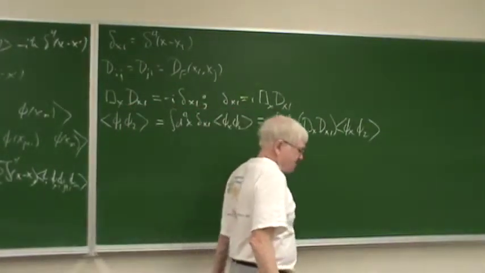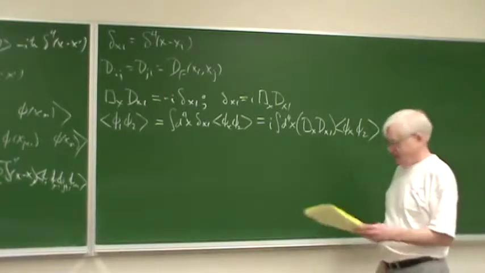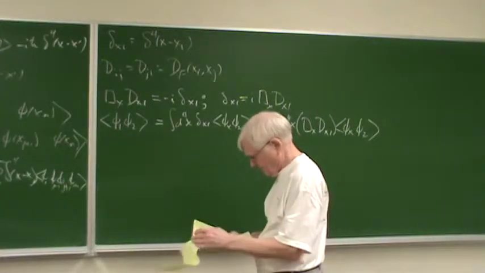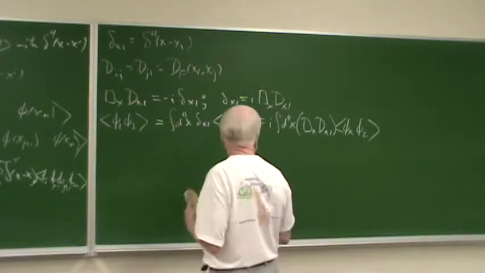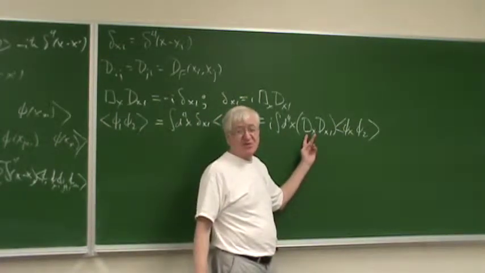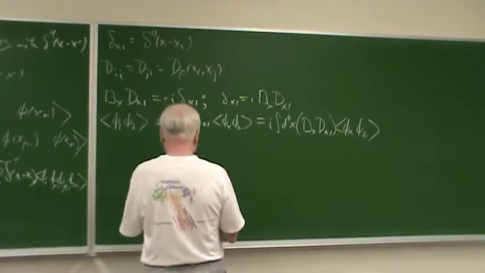All right, and now we're going to imagine we've got wave packets, so we can integrate by parts and drop the surface terms. Notice that this is a quadratic operator, so there aren't any minus signs when we integrate by parts. We integrate by parts twice.